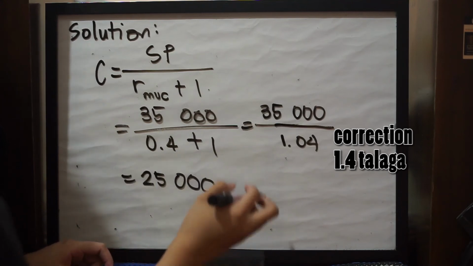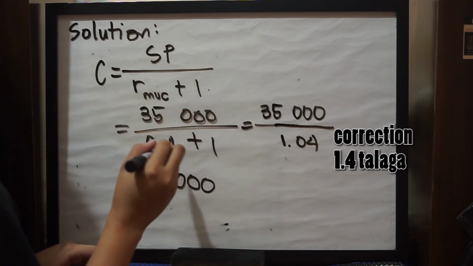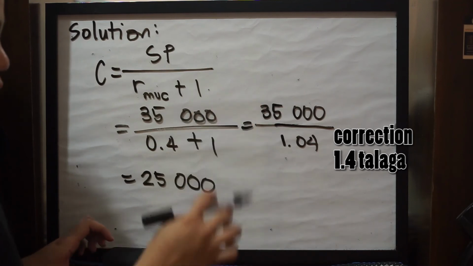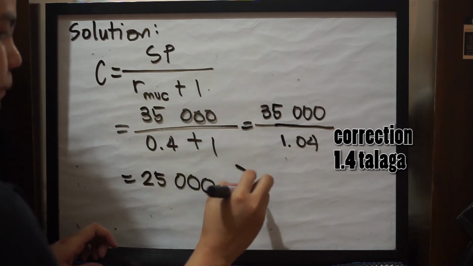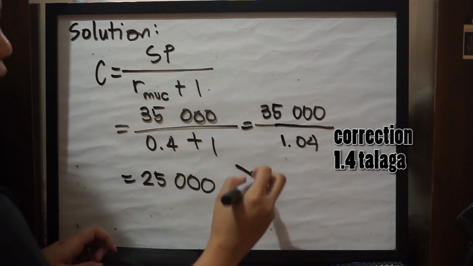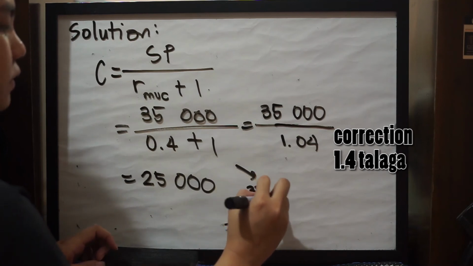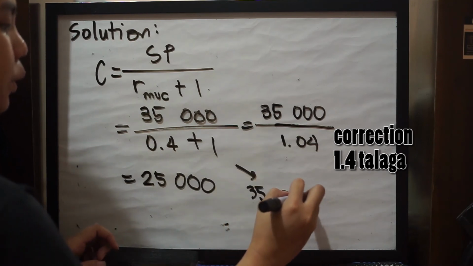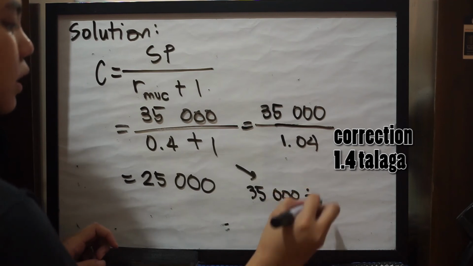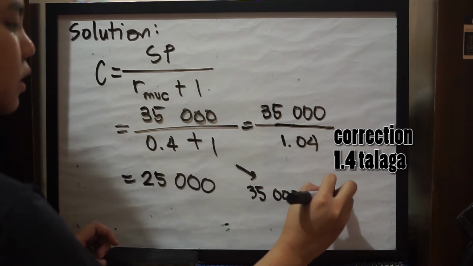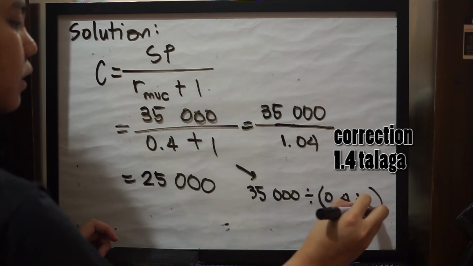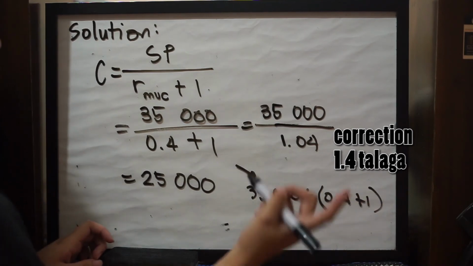Or if you want na directly isusolve nyo to sa calculator ninyo, pakisundan tong isusulat ko. Ganito isusulat nyo sa calculator ha. 35,000 tapos yung division symbol tapos open parenthesis 0.4 plus 1. Close parenthesis. Then equal sign.